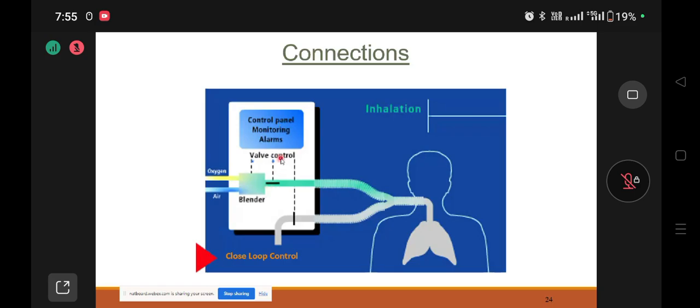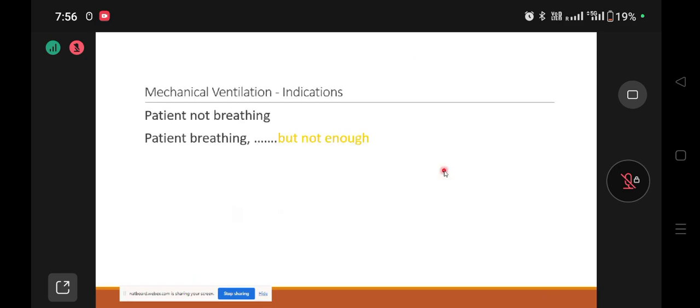Once you fix particular values, this ventilator will deliver the gases at a preset temperature, at a preset humidity, at a preset volume into this lung field, and whatever the lung fields passively exhale would come out through the expiratory limb over here. So this is a closed loop control, and this is what happens in a normal inspiration and expiration of the lung.